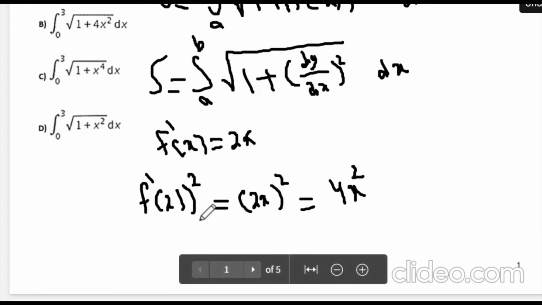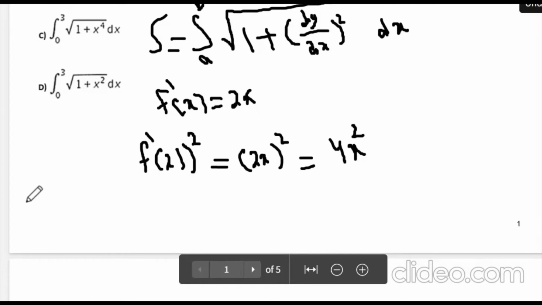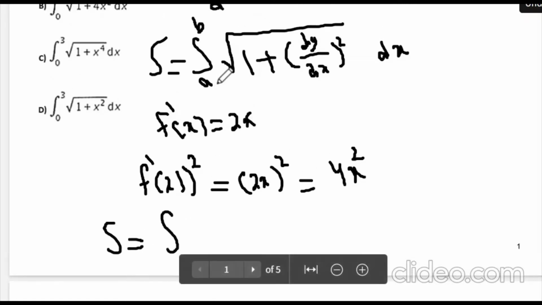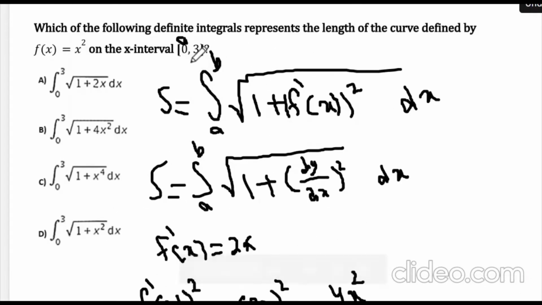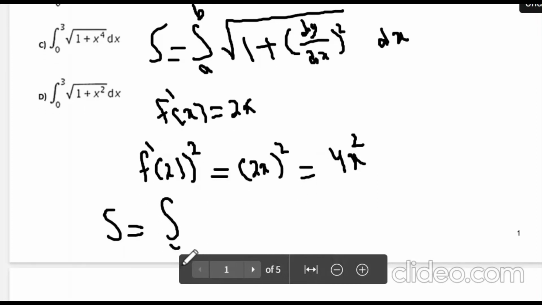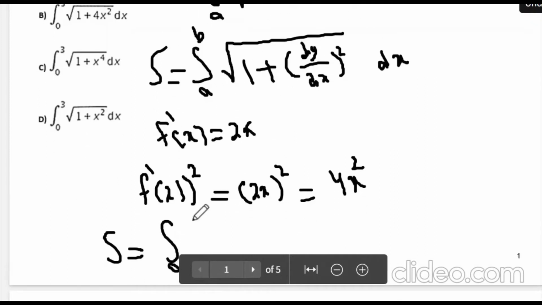So now we're going to use it in the formula. So the arc length equals. So now we have the points A and B. How will I find the points A and B? Here, this is A and this is B. So the point A, which we had here, is 0, and the point B, we have it here, is 3.